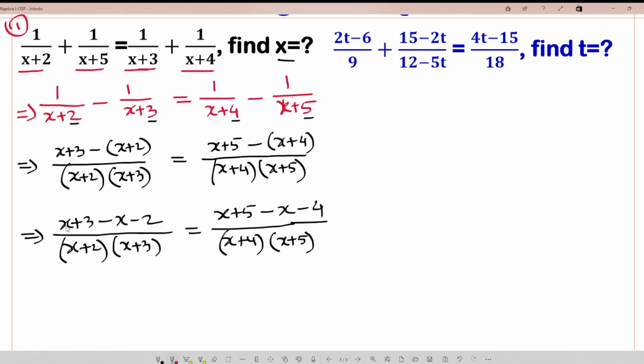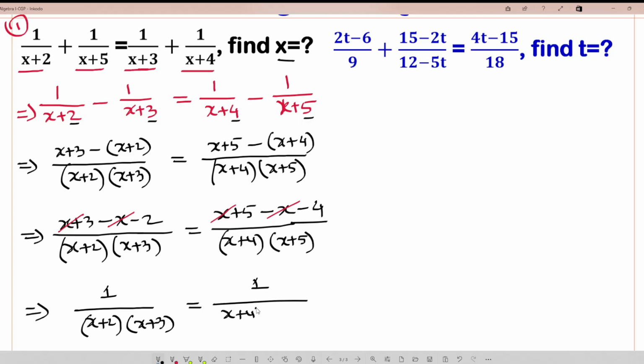Look, here is plus x and minus x out, also here plus x minus x out. So we can write 3 minus 2, it will be 1, and here is x plus 2 times x plus 3 equal, here is also 1, x plus 4 and x plus 5.